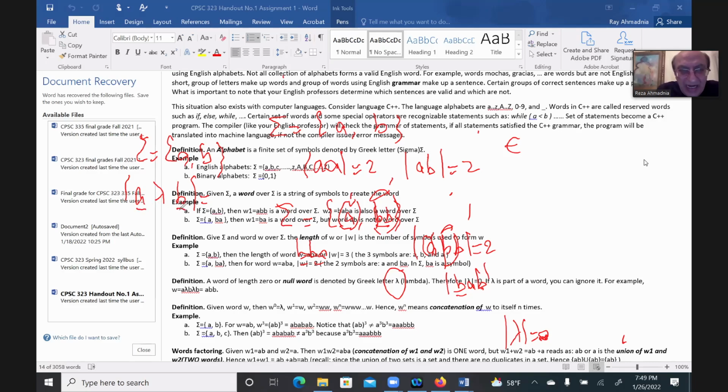It is 1, and then 2. The length of lambda is 0. So this one is a word of length 2. For that reason, if lambda is part of any word, you can ignore it. So this is just A, B here. You can ignore them all. It is called a null word here.